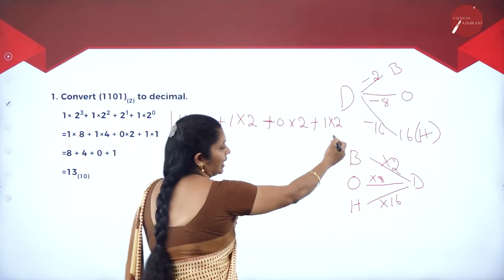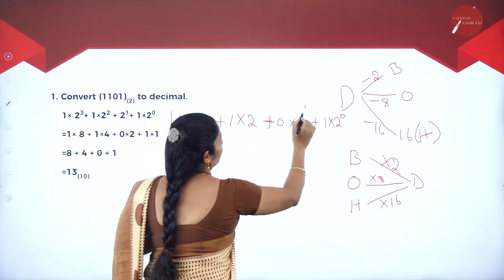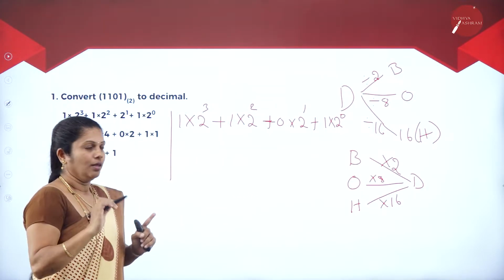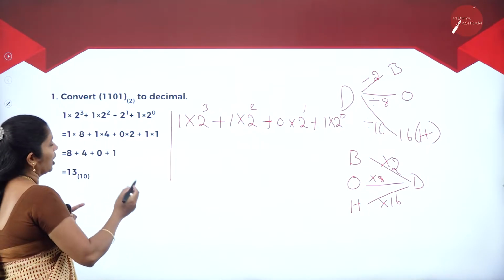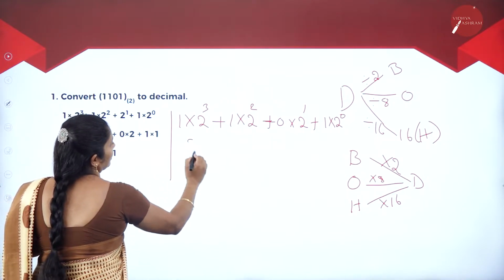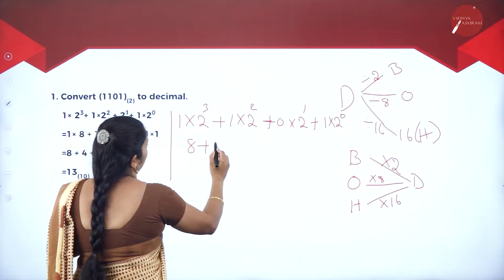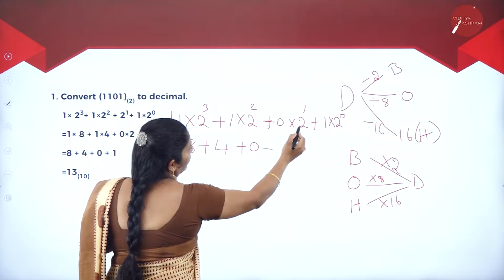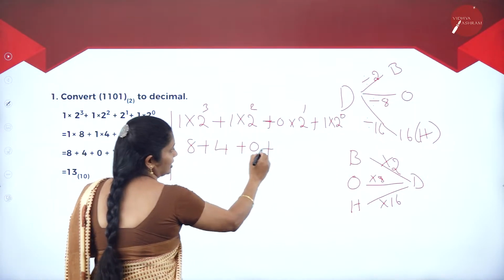But from the right side, increase the power value. First write down 0, then 1, 2, 3. Then later perform the action: 1 into 2 to the power of 3, that is 8, plus 2 squared, 4, into 1, that is 4, plus 0, here 0 into any number is 0 only, that's why we have written 0.